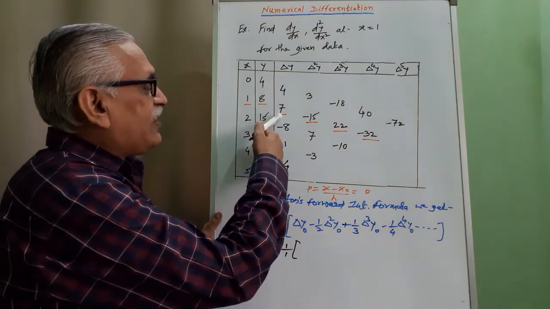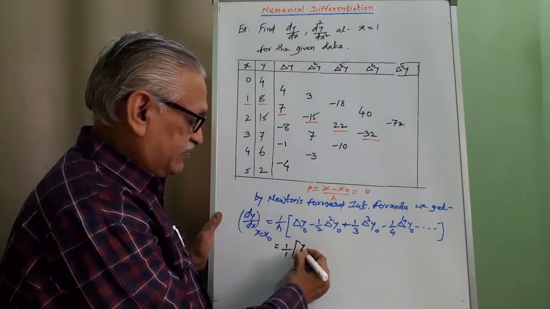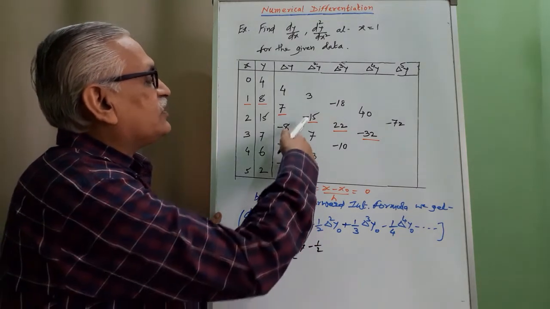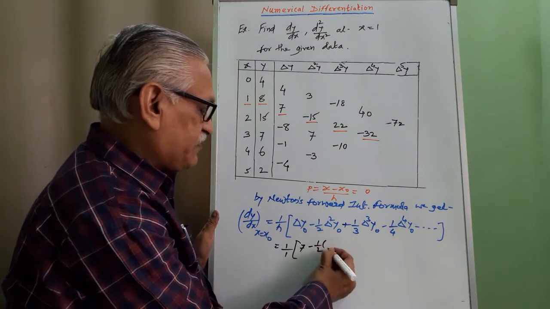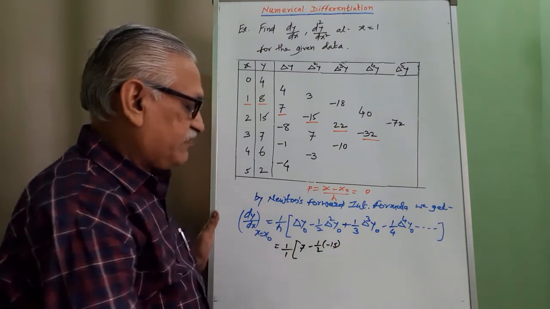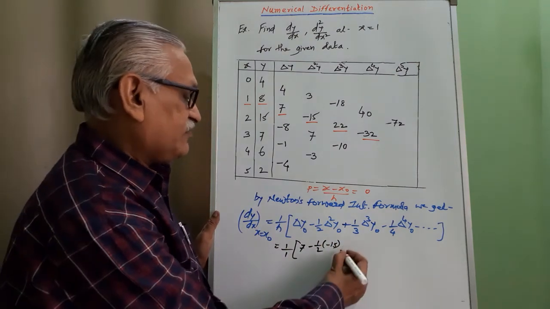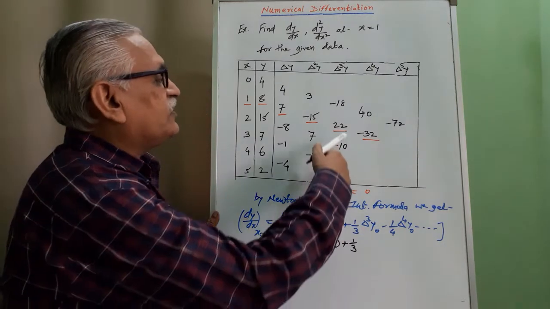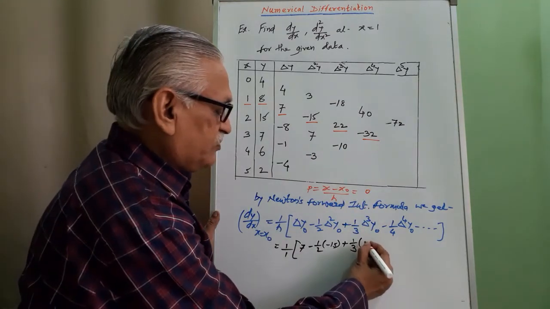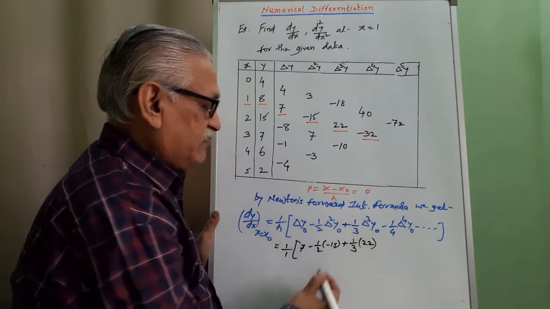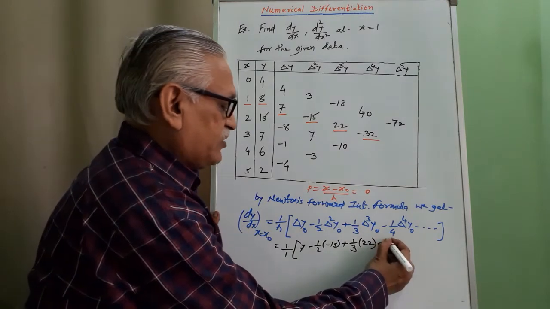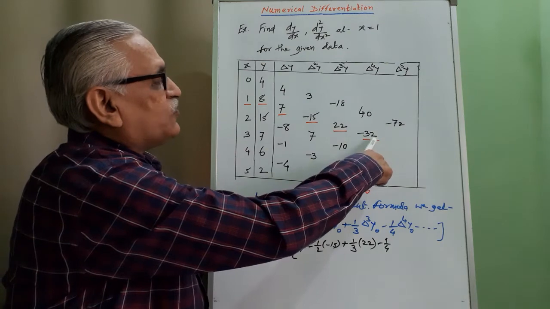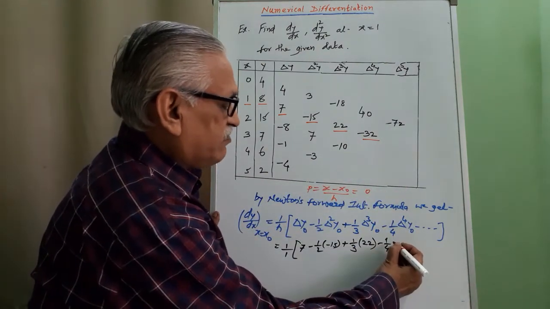The value of delta y0 is 7, minus 1 by 2 del square y0, the value of del square y0 is minus 15, then 1 by 3 del cube y0, the value of del cube y0 is 22, minus 1 by 4 del raised to 4 y0, the value of del raised to 4 y0 is minus 32.